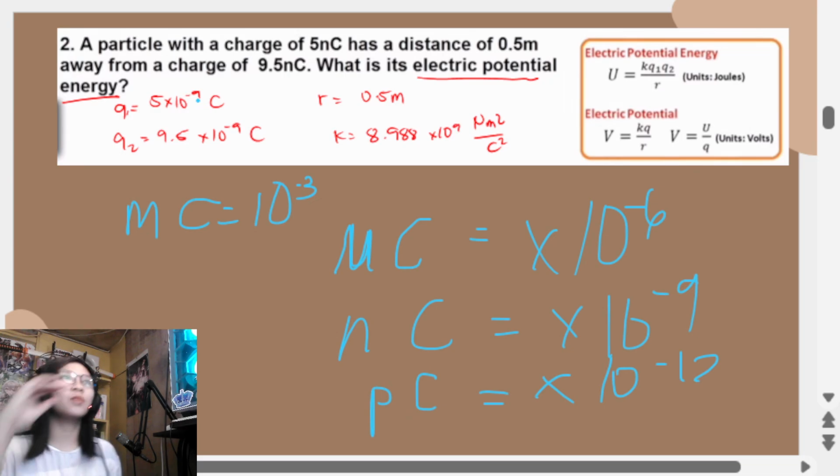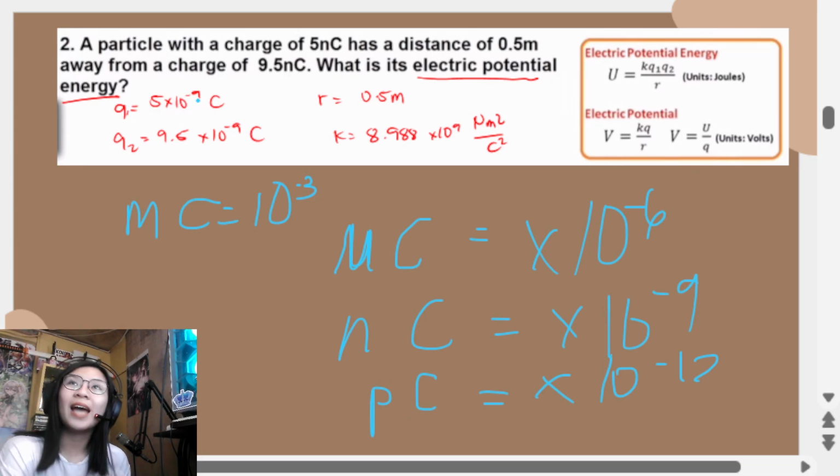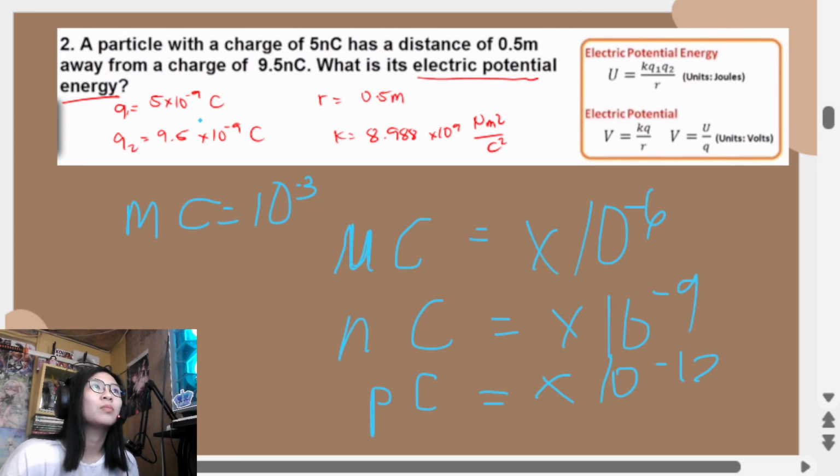Okay, so let's go back here. We are finding the electric potential energy, so we are going to use U equals KQ1Q2 over R. So you put in the givens, which is 5 times 10 raised to negative 9 as our Q1, Q2 is 9.5 times 10 raised to negative 9, and R is 0.5 meters.